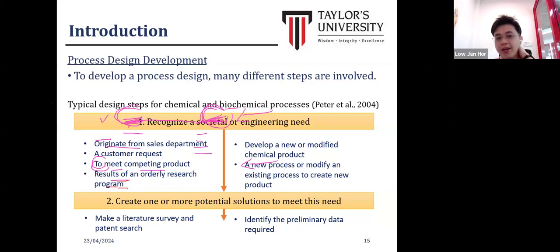Also, when you do the literature review, you can collect some of the important preliminary data required in your design later. It means that in step number 2 here, you can start to form a data bank to compile and gather all the information. Then later, when you want to design, you can directly refer to this information.